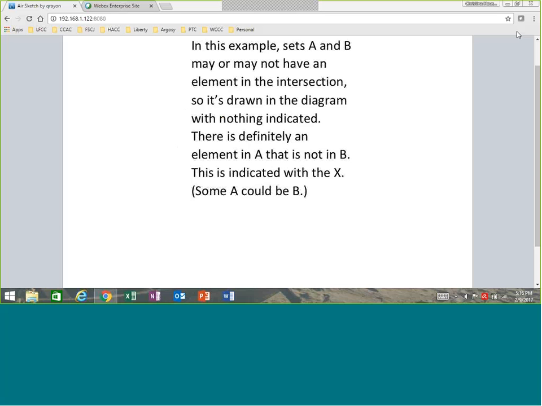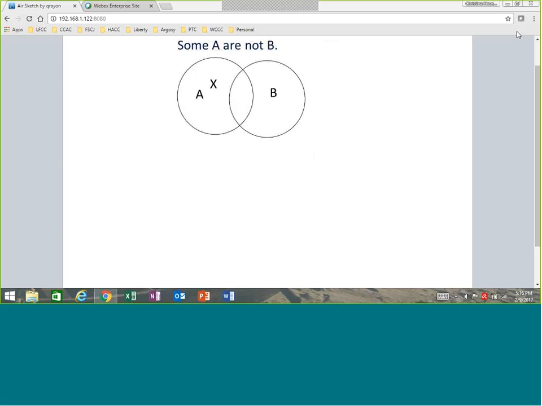Okay. So for another example, sets A and B may or may not have an element in the intersection. Let me go to the example and we'll come back to that. "Some A are not B." So "some A are not B" is basically saying that there is at least one element in A that is not in B. So we draw it like this.